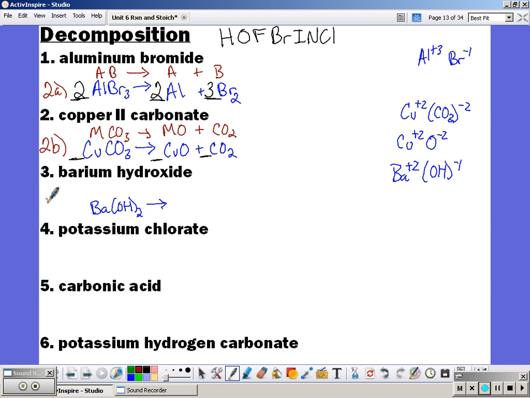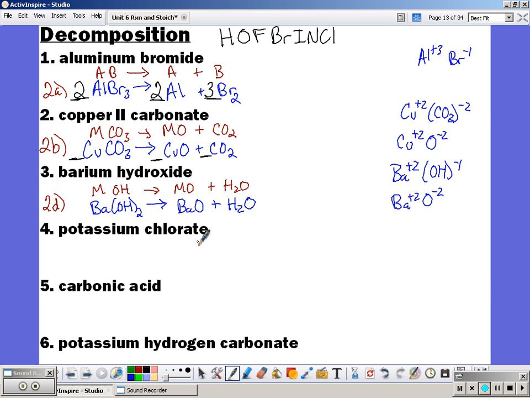The metal hydroxide decomposes into the metal oxide plus water. So barium has a charge of +2, oxygen has a charge of -2, so that would be BaO plus H2O. 1 Ba, 1 Ba, 2 oxygens, 1 plus 1 is 2 oxygens, 2 hydrogens, 2 hydrogens, it's balanced.